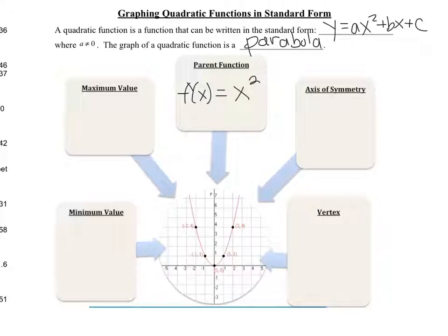With a parabola, the graph of a quadratic function, we have either a maximum value or a minimum value. So if the parabola faces downward, so if we have a parabola that looks like a frowny face rather than a smiley face like this, then we're going to have a maximum value. So the maximum value is the vertex's y-coordinate if the parabola is face down.